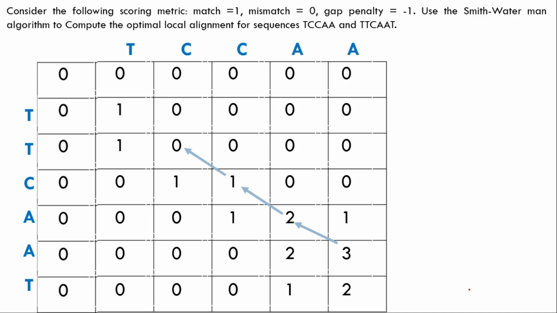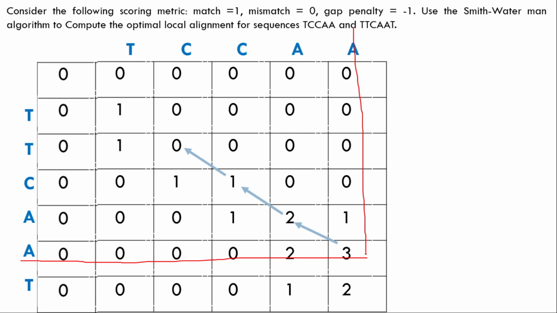So what I can do? I can see the diagonal arrow, right? So in the diagonal arrow, you have to just start the alignment from wherever you see the origin of the arrow. So I have to make the alignment from this cell and you have to stop at this one, right?